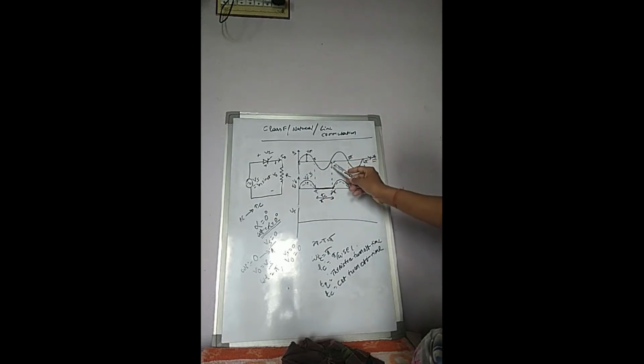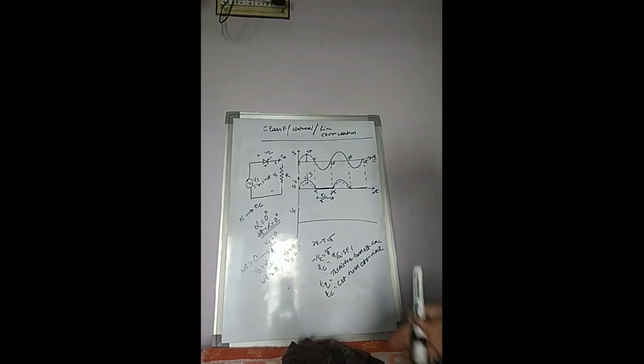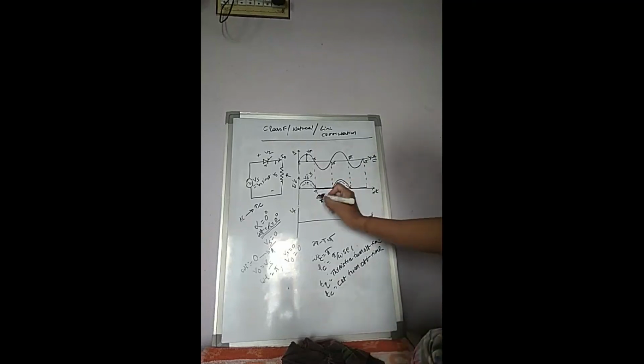Again, from 2 pi to 3 pi there is a positive supply, so the V0 and I0 waveforms are there. And from 3 pi to 4 pi, it is the negative half cycle, reverse bias mode for the thyristor. That's why there is no load current and no load voltage. Then next we come to this part.